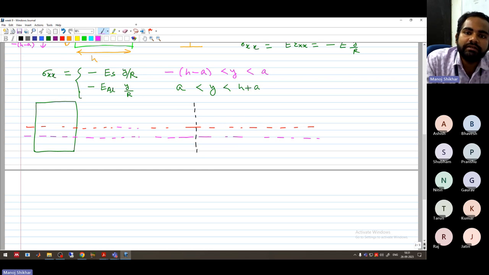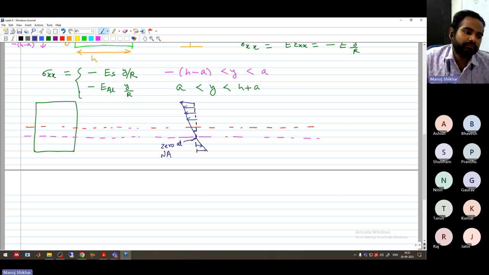Strain is continuous and linear, and at the point where we have the neutral axis, it will be 0.